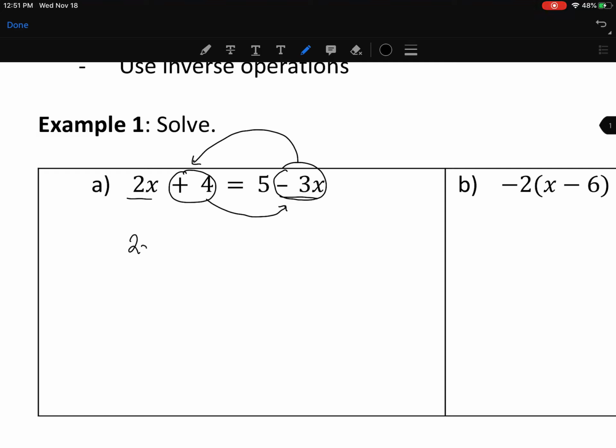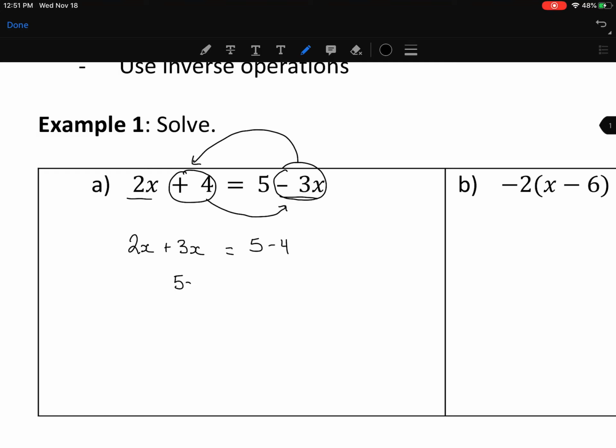When we move things across the equal sign, they become the inverse operation. So the 2x will stay, but the negative 3x comes over the equal sign and becomes a positive 3x. On the right side of our equation, the 5 stayed, but now that positive 4 is going to come over to the right side and become a negative 4.